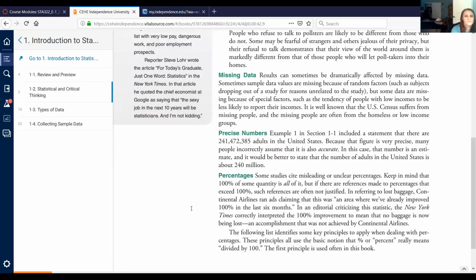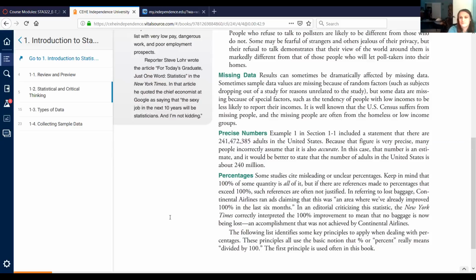Okay, percentages are another goodie. You've probably heard people say, I want you to give 110%. Well, I'm sorry, that's impossible. You can only give 100%. And your 100% might vary day to day. So these are ways that people use statistical sounding numbers.